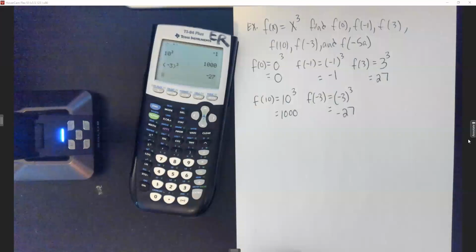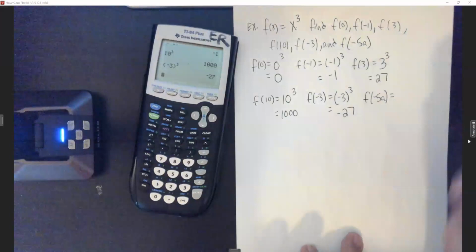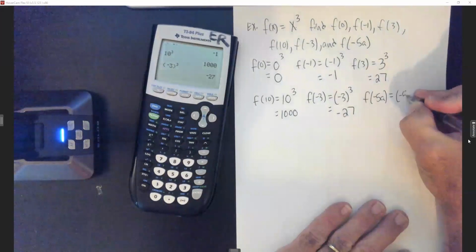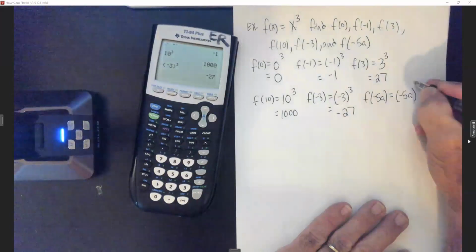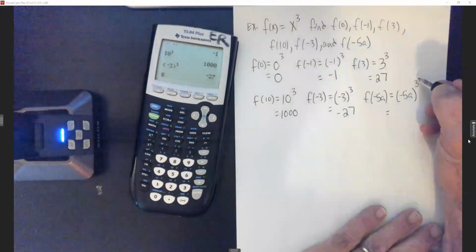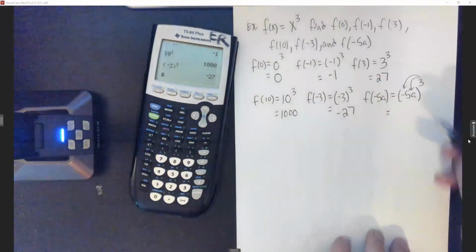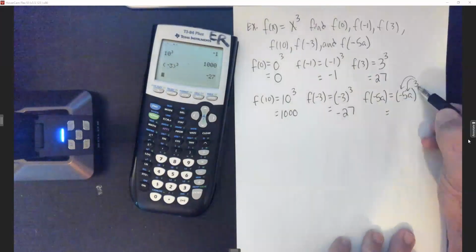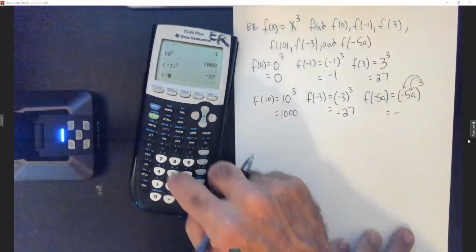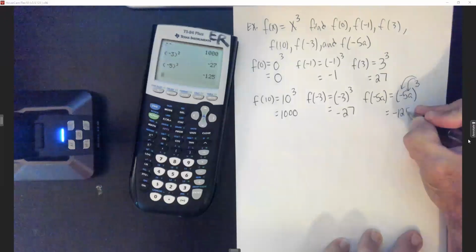And y'all look, the tricky one's probably going to be this f of -5a. Because in for that x, I'm going to put that -5a and raise all that to the 3rd power. Let me tell you, this exponent affects everything inside the parentheses. So this is basically -5 to the 3rd power. Watch this, -5 to the 3rd power is going to give you -125. But what are y'all going to do with that a?